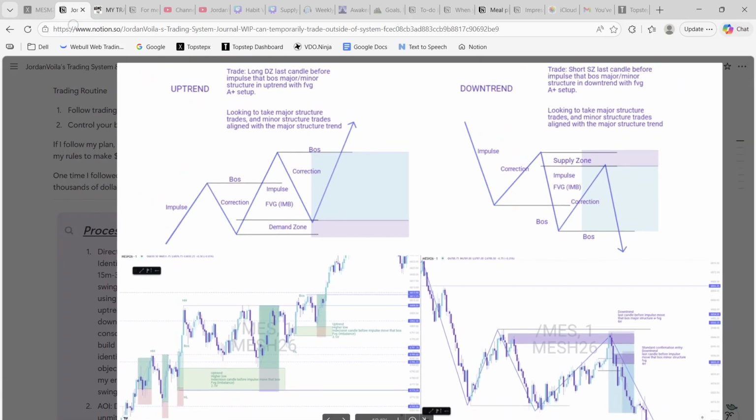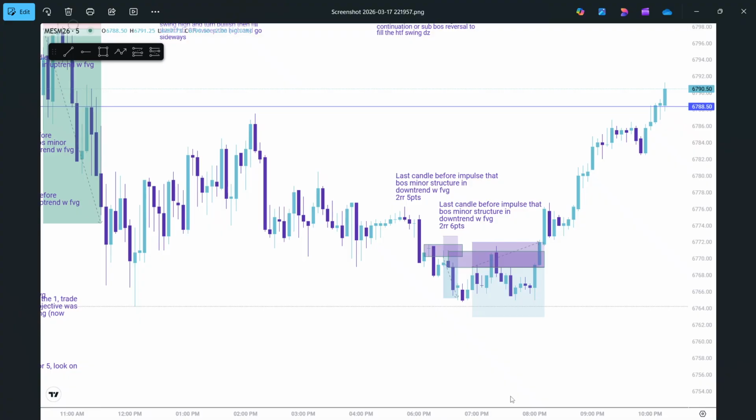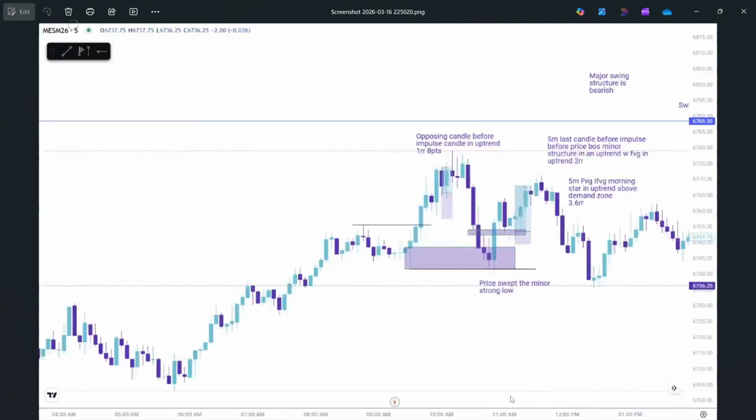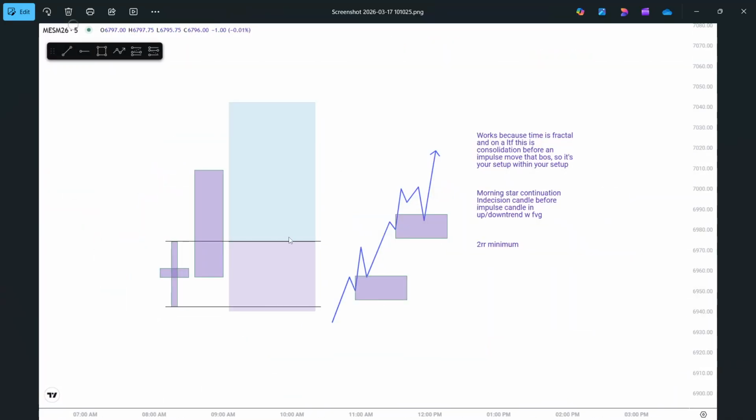But let me show you the visual I made. Here we go. When price is moving like this, you are not going to catch a home run, because the home run has already happened.